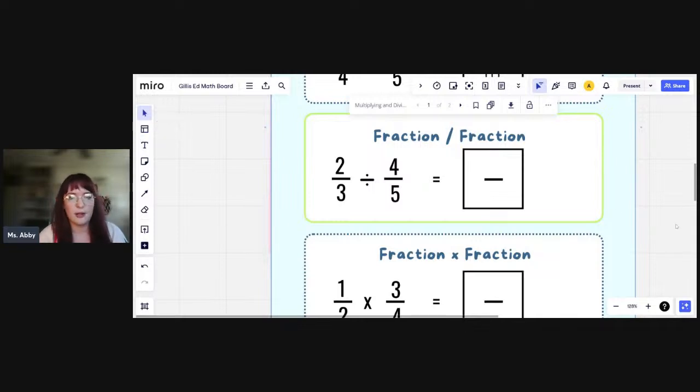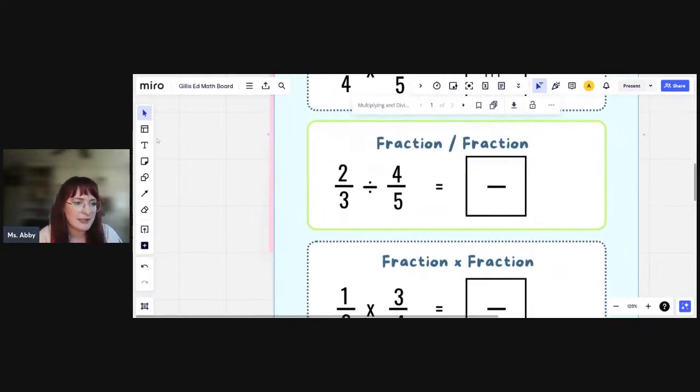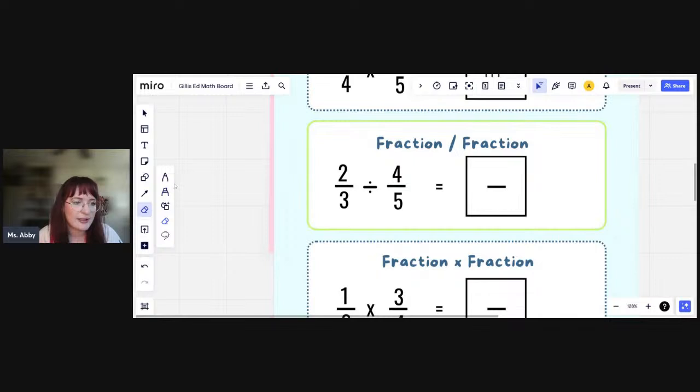So the first step in this is actually going to be keeping the first fraction right here, which let me go ahead and circle that. You're going to keep the first fraction the way that it is. However, you are going to swap the numerator and the denominator in the second fraction.